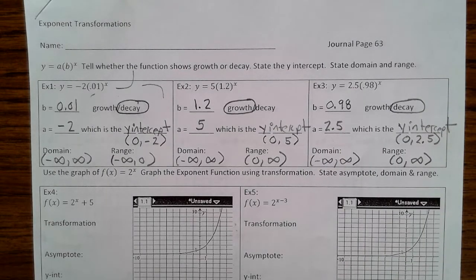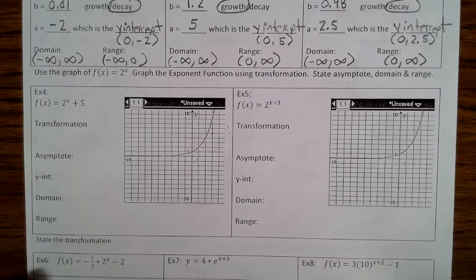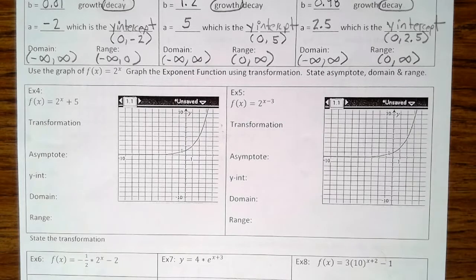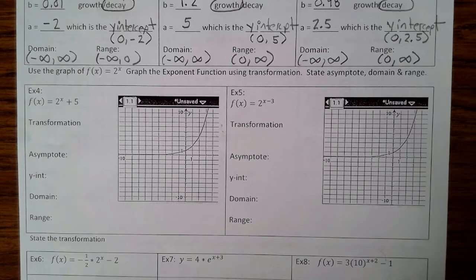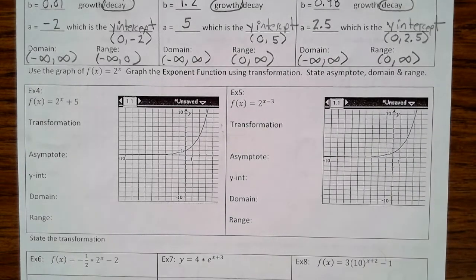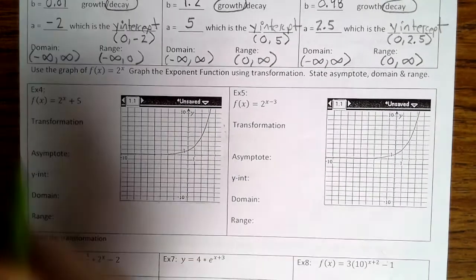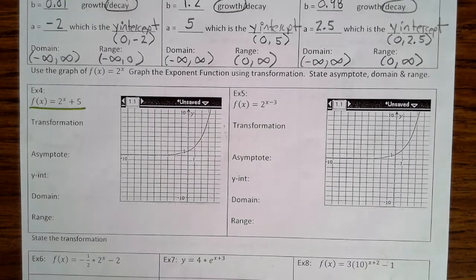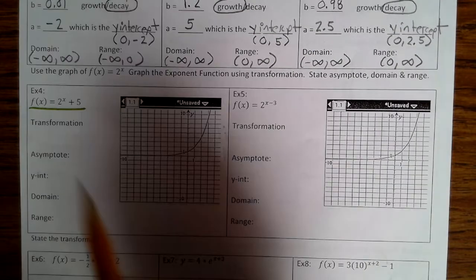All right, let's take a look at example 4. Now, we're going to need to use some colors in this case. So I'm going to use green, black, and orange. I'm going to use green to graph f(x). Now, to graph this, we know that our y-intercept is when x is 0.